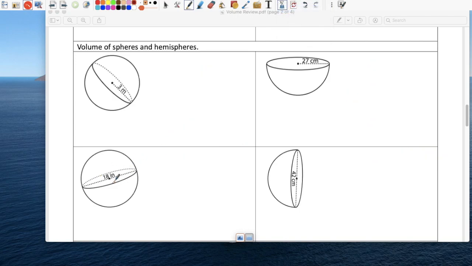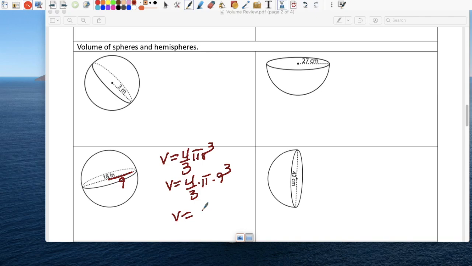This one, the only difference is that you notice that this is the diameter, so obviously the radius is half that, so it's 9, so that's what you should be using. And let me just, wasn't there a problem with 9? So 4/3 times pi times 9 to the third power, and that's going to simplify nicely for us.